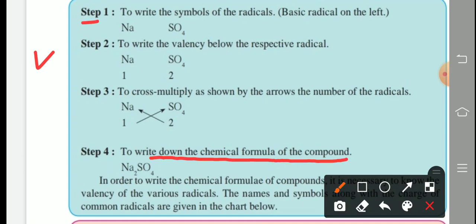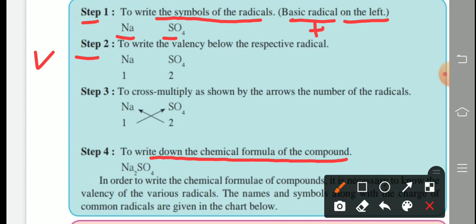So first step, write the symbols of the radicals. Basic radical means positive radical, on the left side. So Na and SO4. The name is given as sodium sulfate, so sodium and sulfate, these two radicals we write in the form of symbols. Then in the second step, write the valency below the respective radicals.